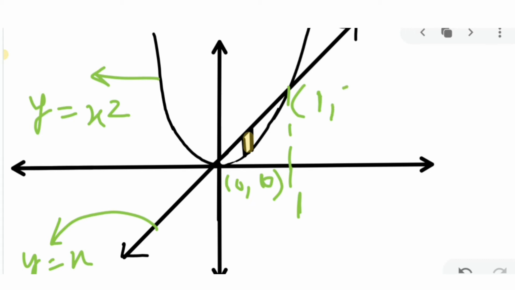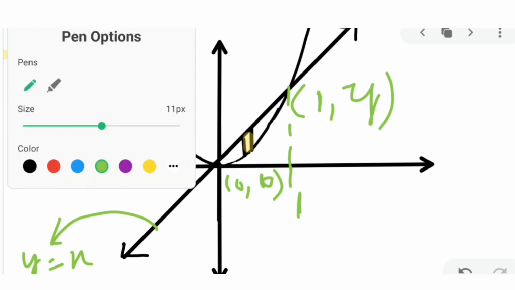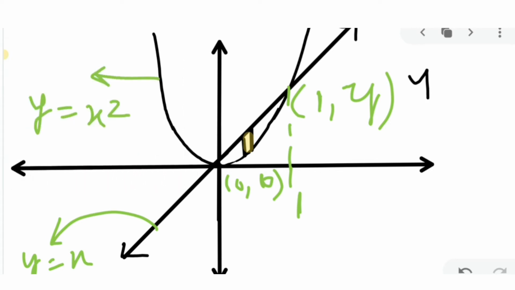Let me write it as y first here. Okay, so now we need to find out this y. From the equation we can easily find out the y. It is given y equals x square, right? So we know y equals x also, this equation.